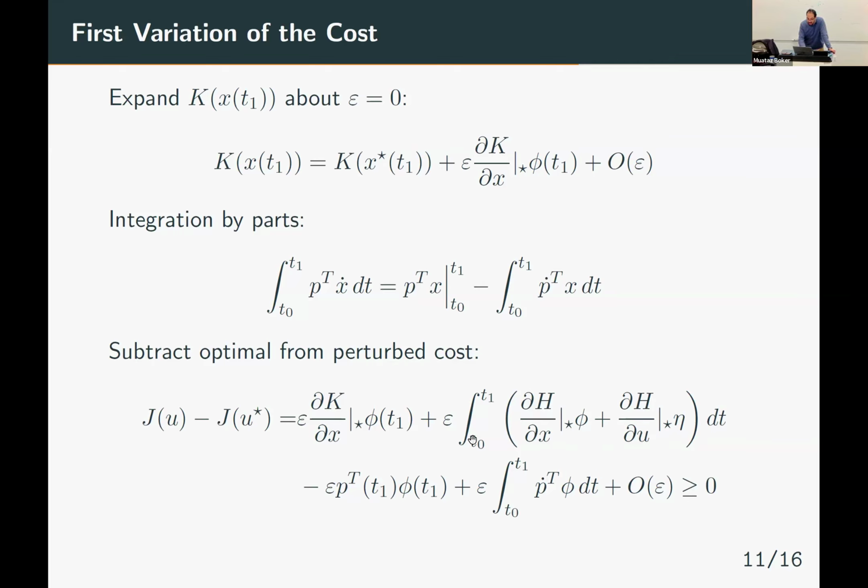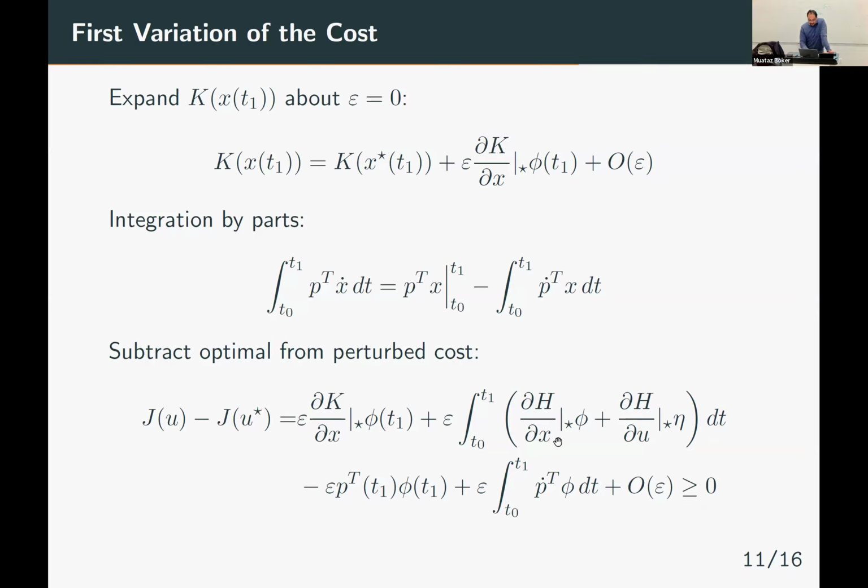When I use this, it means do this and then evaluate it at x star. Okay, so plus the integral from t naught to t1 of the partial of the Hamiltonian with respect to x, evaluated at the optimal point, times phi, plus partial H with respect to partial u, evaluated at the optimal point, times eta.